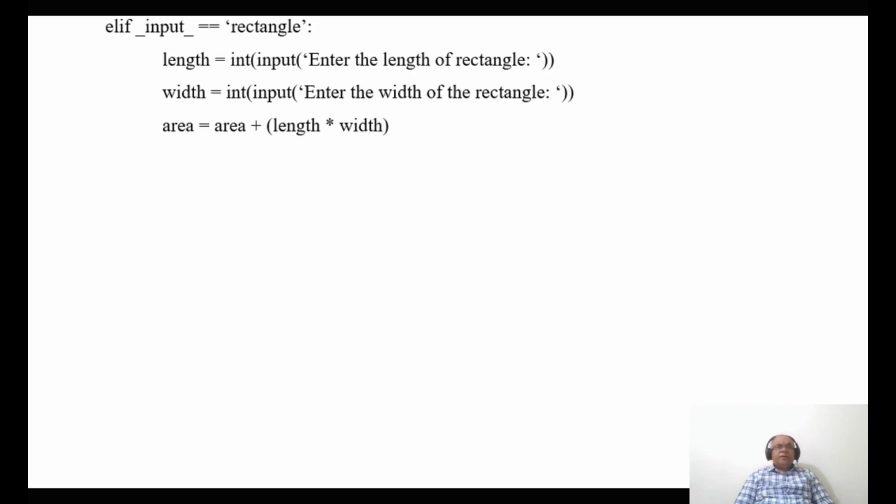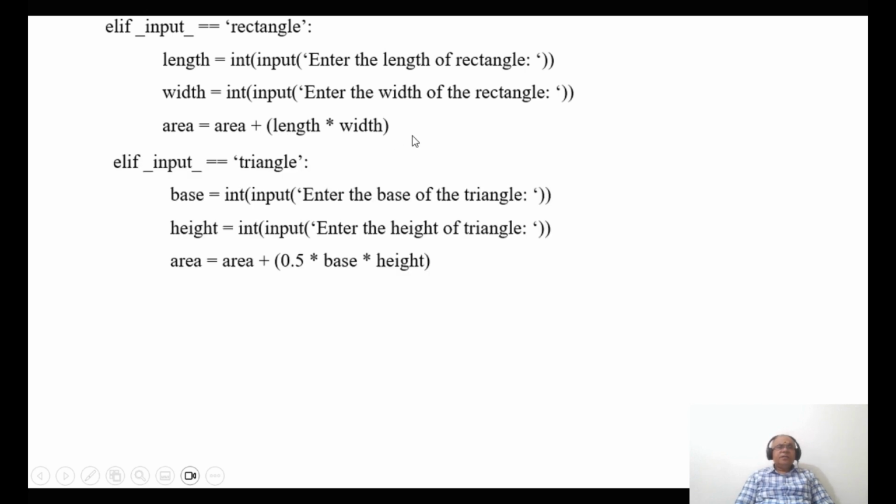Elif input rectangle. What is the requirement for the input of a rectangle? The input of a rectangle will be considered only by considering the length and the width. So length is equal to int input, enter the length of the rectangle. Width is equal to int input, enter the width of the rectangle. Therefore, area is equal to area plus length into width. That is the rectangle.